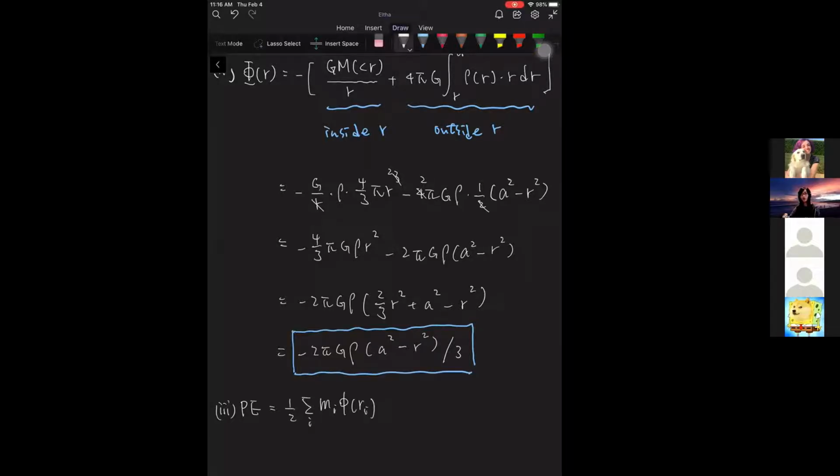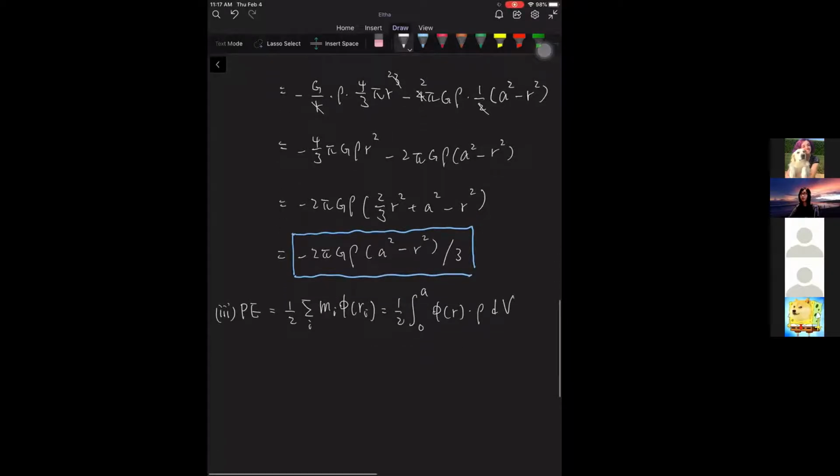But for a density distribution, for a mass distribution, we can write it in the integral form, which is, in this case, we'll integrate from 0 to a, the radius, phi of r times rho dv, because rho dv is the mass, right? Okay, so we'll basically just plug in the phi we have into this equation.